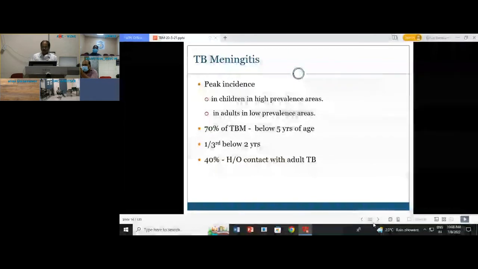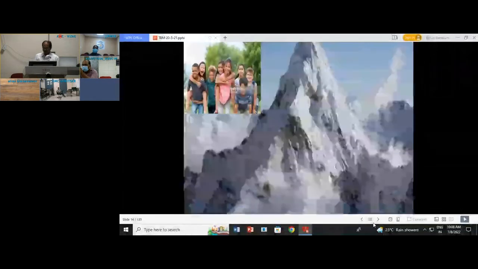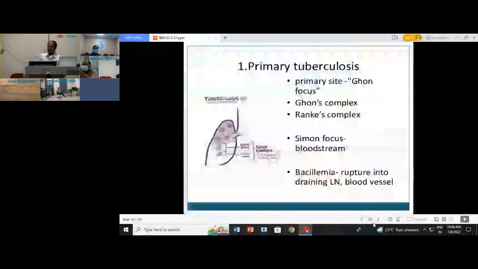40% of these people come with a history of contact with adult tuberculosis. In primary tuberculosis, the primary site is Ghon's focus, the basic focus in the lung. You have Ghon's complex, Ranke's complex and the Simon focus, which we'll discuss in the next few slides, and the bacillemia ruptures into the draining lymph nodes and blood vessels.